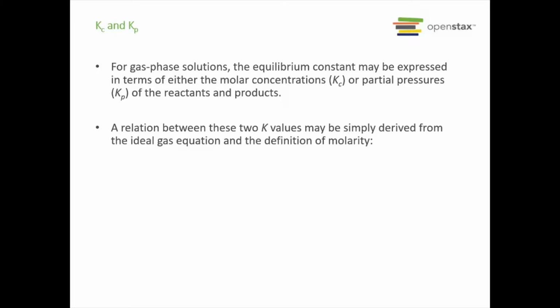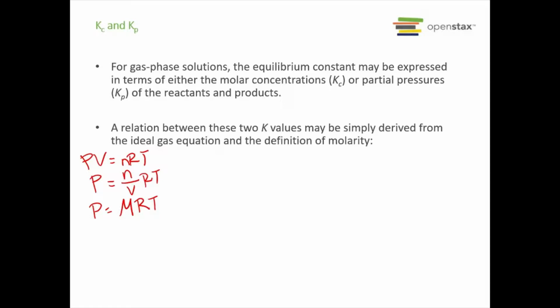So we know that PV, think of our good old ideal gas equation, equals nRT. If we wanted to solve for pressure, that is equal to nRT over V, but we can also say n over V times RT. And n over V, that's moles per liter, which is molarity. So pressure is equal to molarity times RT.